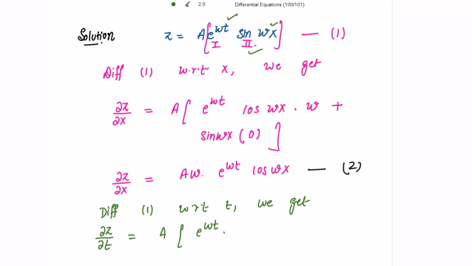Differentiating this with respect to t gives 0 plus the second function into the derivative of the first one. So e to the power wt into w. We have to differentiate this with respect to t. So we are getting partial derivative of z with respect to t to be equal to aw into e to the power wt sine of wx, and marking this as 3.